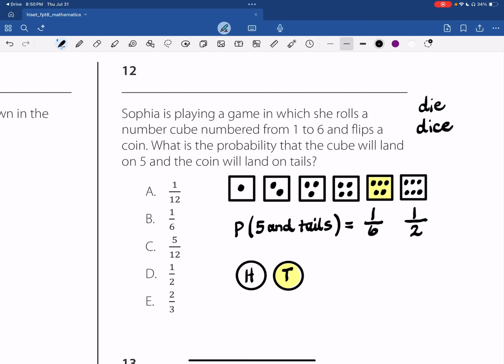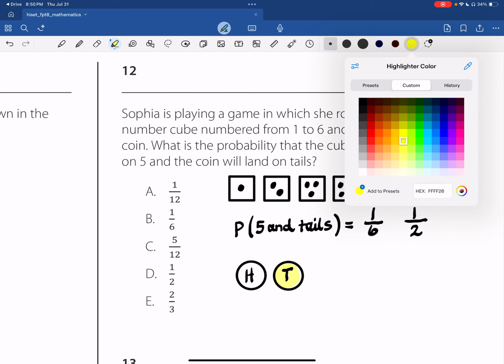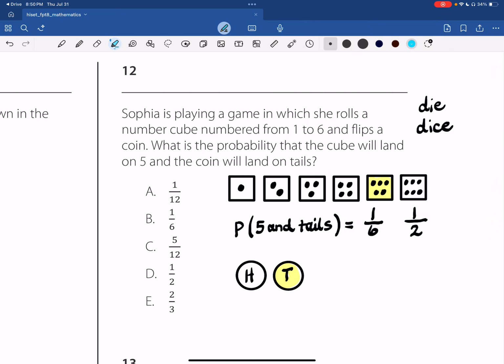There's one word in this problem that tells everything I need to know. And that is the word, it's a little bitty word, and. In a probability question, if you see the word and, you're going to multiply.